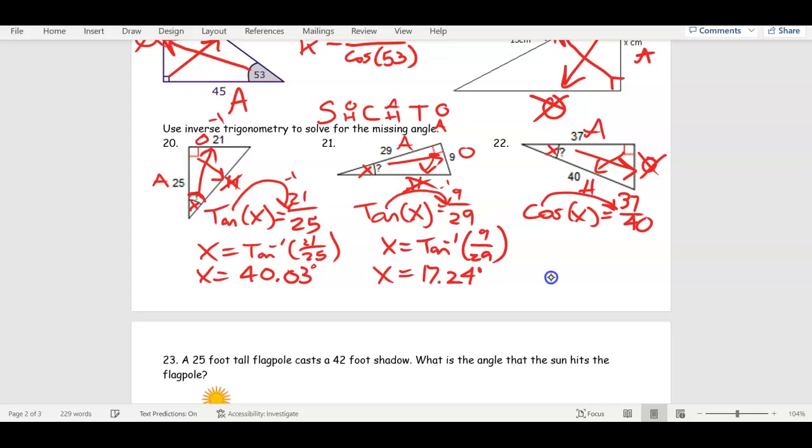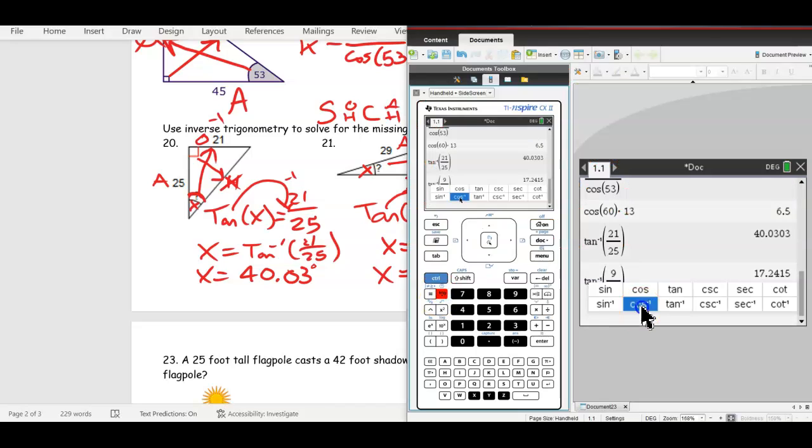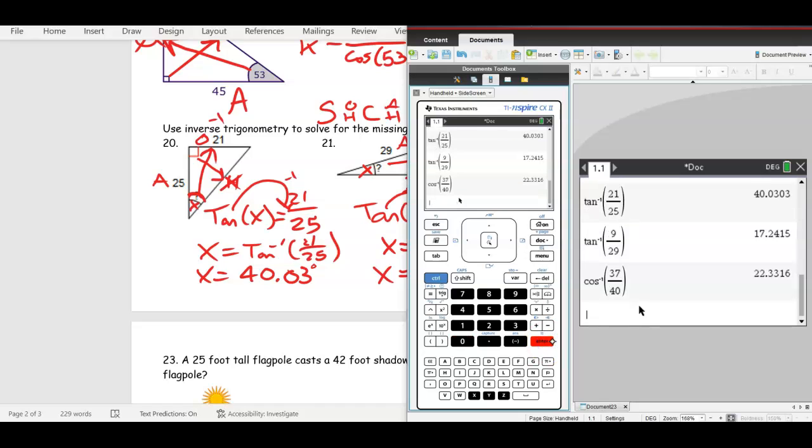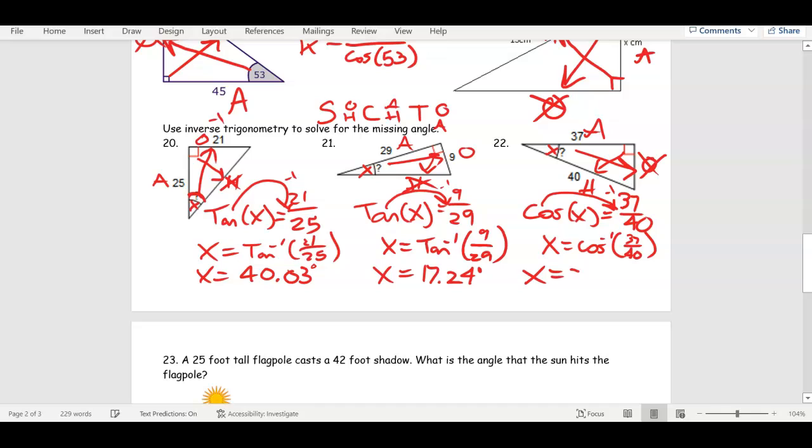Cosine goes to the other side, becomes inverse. So x equals cosine inverse 37 over 40. Cosine inverse 37 over 40. Like 22.33 degrees.